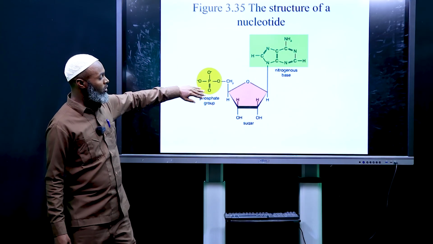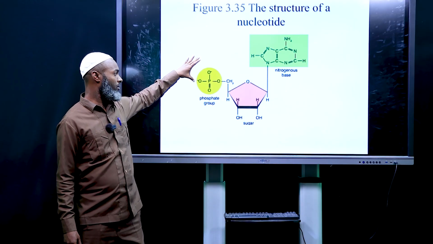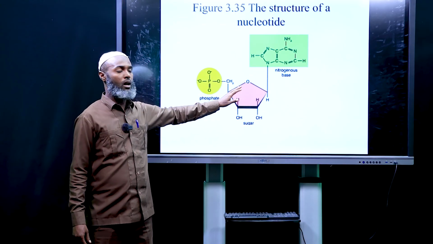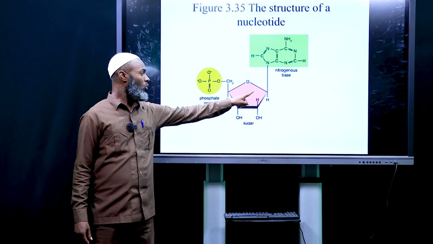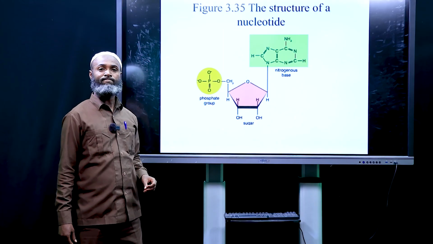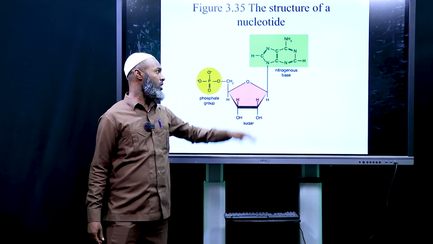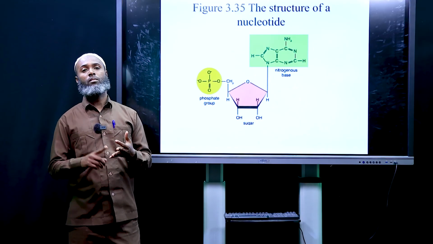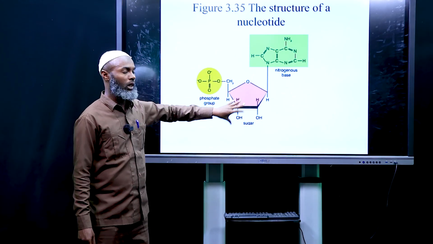This is the structure of a nucleotide in DNA. We have a phosphate group. We have sugar, which is pentose, 5 carbon. And we also have a nitrogenous base. This nitrogenous base could be adenine, thymine, guanine, or cytosine. So this is known as a nucleotide.